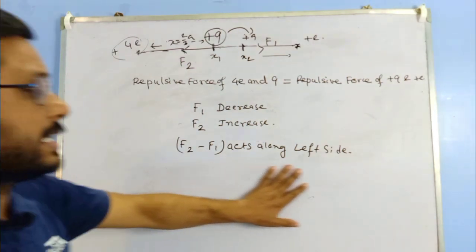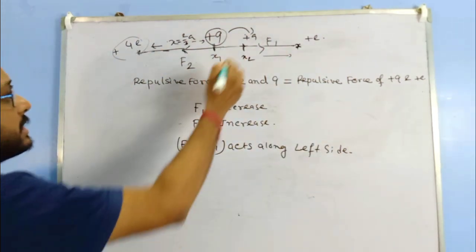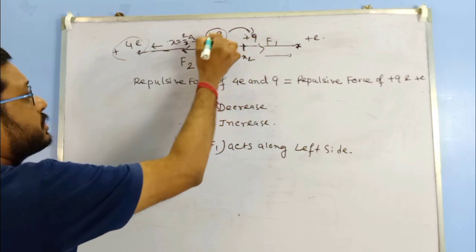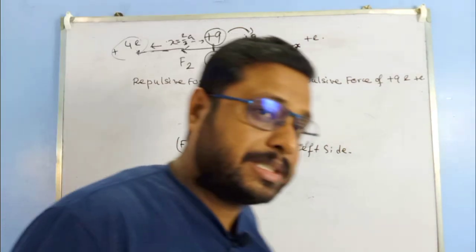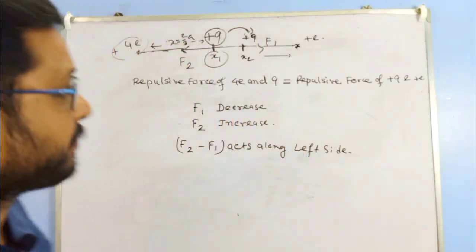The net force acts along the left side, so it brings the charged particle q back to its original position at x1. So this is the case of stable equilibrium.